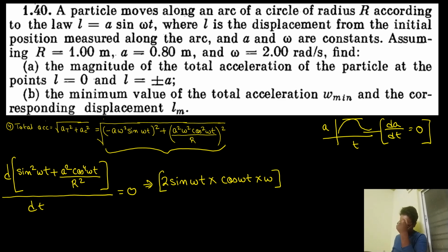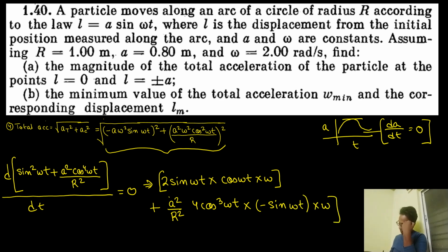Differentiation of a square cos to the power 4 omega t: a square by r square, taking the constant outside, into 4 cos cube omega t into minus of sine omega t into omega, should be equal to 0.